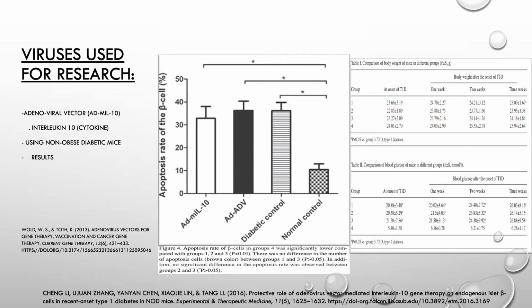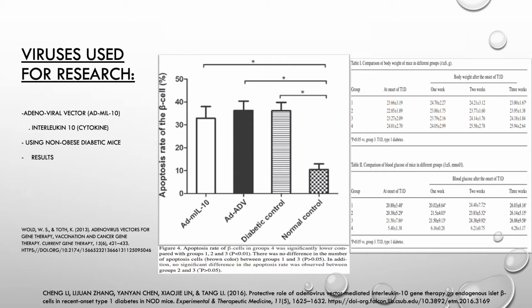And in table 2, they showed that all blood glucose levels were similar, with no significant difference. In figure 4, they wanted to show the effect of the adenoviral vector mediated interleukin 10 on pancreatic islet cell apoptosis.